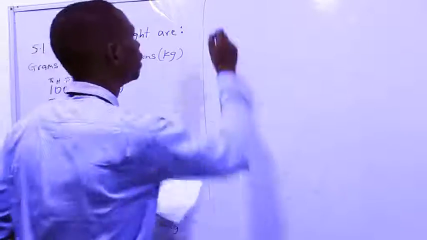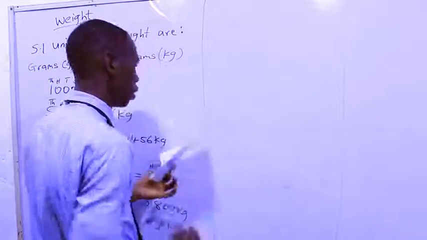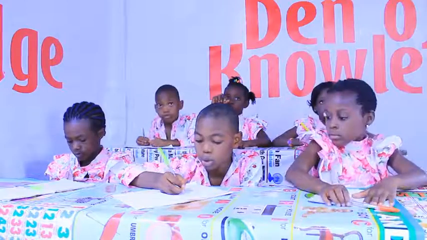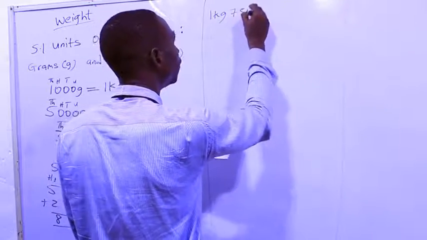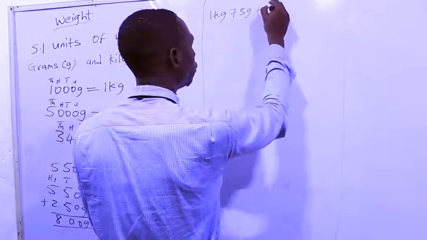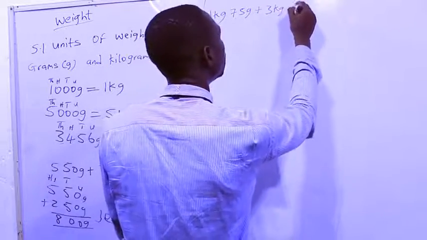Now let's add this: 1 kilogram 75 grams, plus 3 kilograms 41 grams.